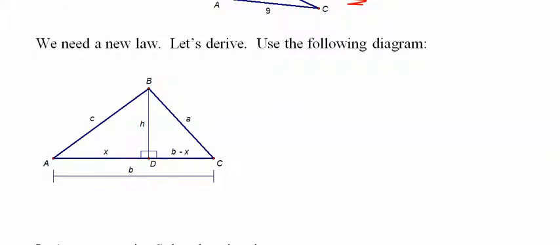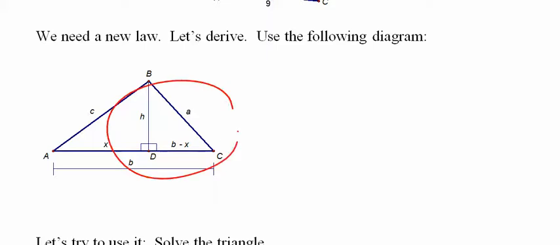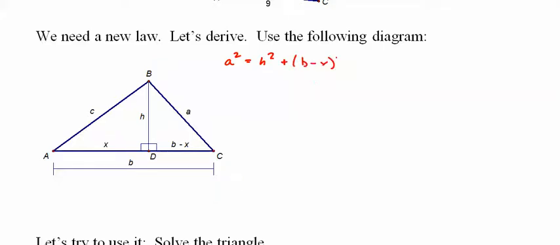I'm going to try and derive. I'll probably screw it up. Let's do a squared, b squared, c squared over here. A squared equals h squared plus b minus x squared.